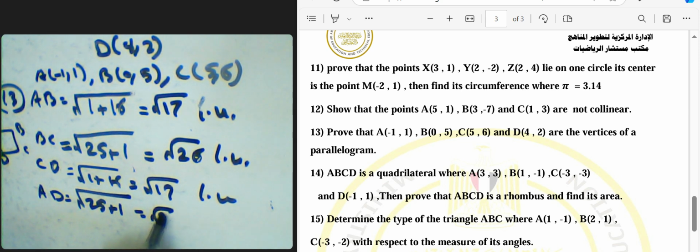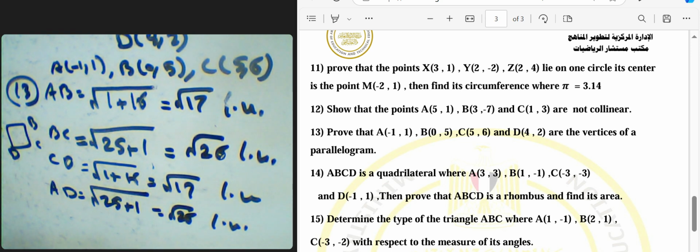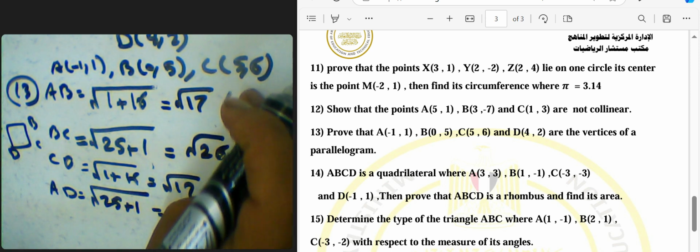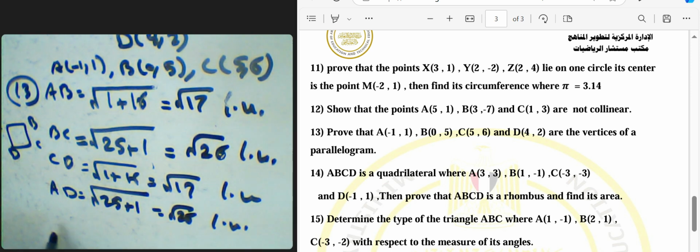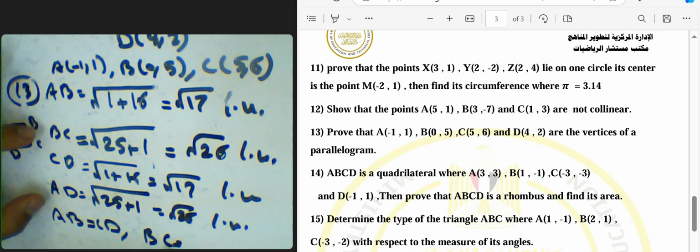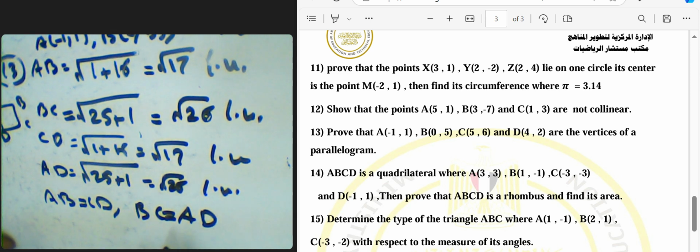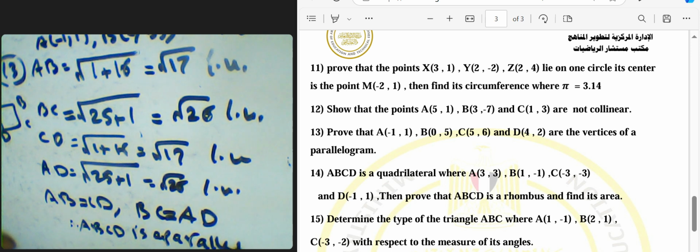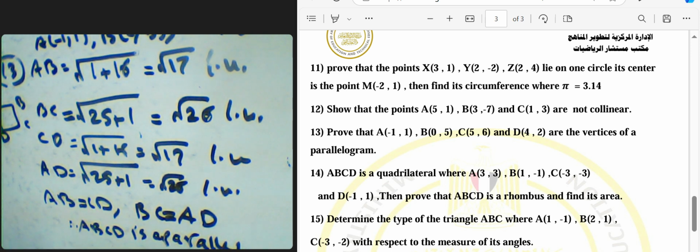The result will be square root of 26 length unit. Then we have the sides equal. Each pair of opposite sides has equal lengths. We have AB equal to CD, and BC equal to AD. Then ABCD is a parallelogram. Yeah, prove that.